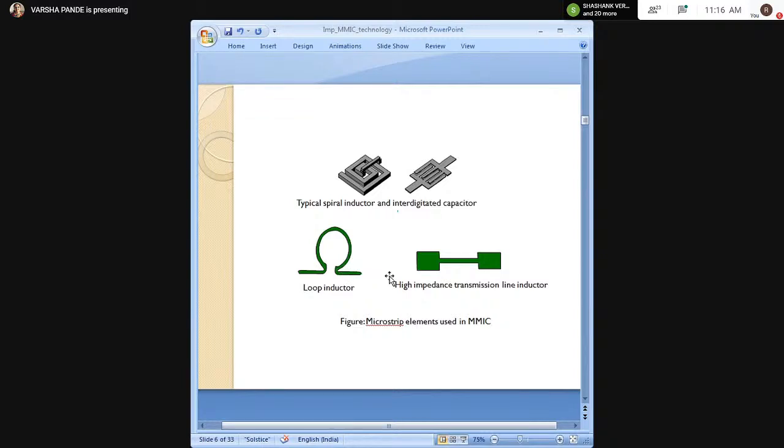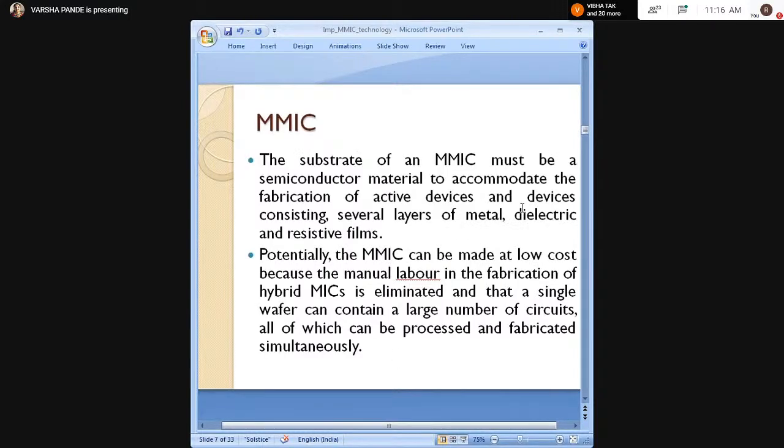Different materials are used for different applications, which we will see in further slides. Here these are the different components, for example. Then we will see MMIC in detail. The substrate of an MMIC must be a semiconductor material.